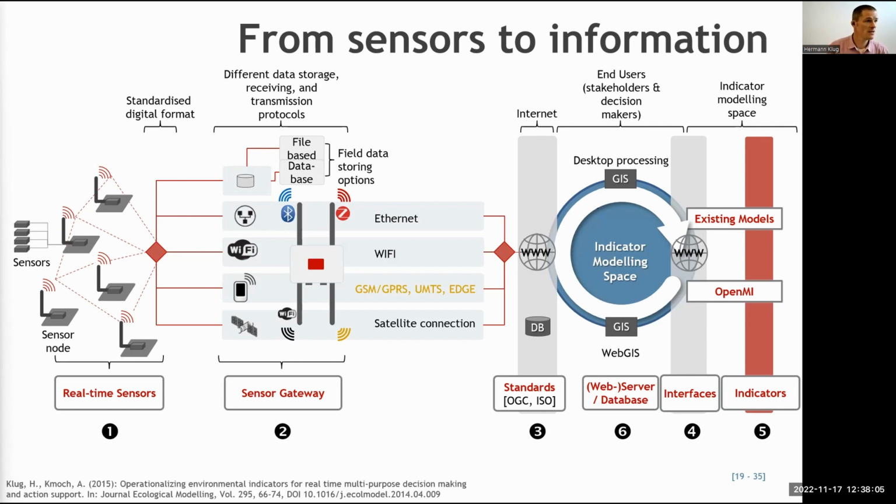Green, everything is okay. Yellow, be careful, something could happen. Red, do something, something is happening. And these indicators could be transported as tables, as charts, as maps, web maps, where you see spatial distributions changing.